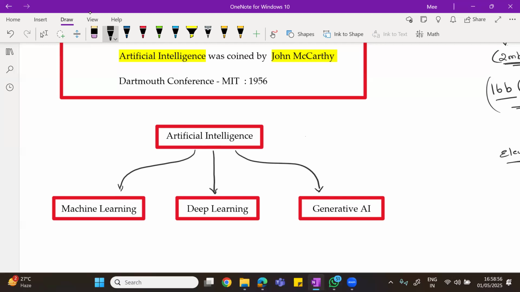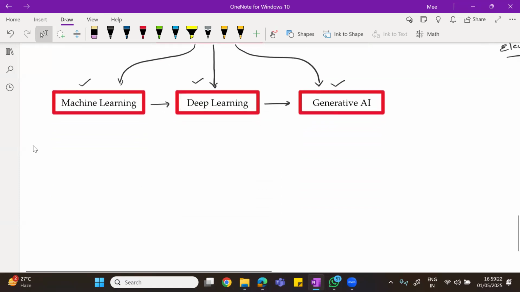In simple terminology, here you do the coding. And they are all interconnected. If you know this, this will be easy. So artificial intelligence is a concept, and its implementation will be done with the help of machine learning, deep learning, and generative AI.